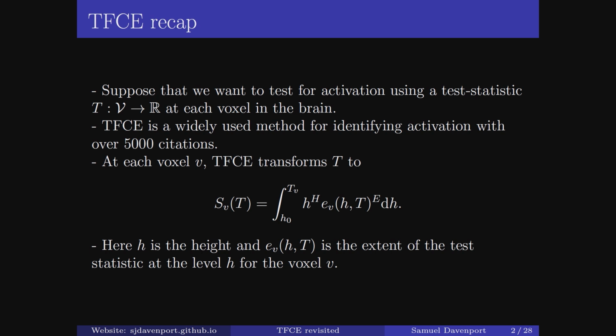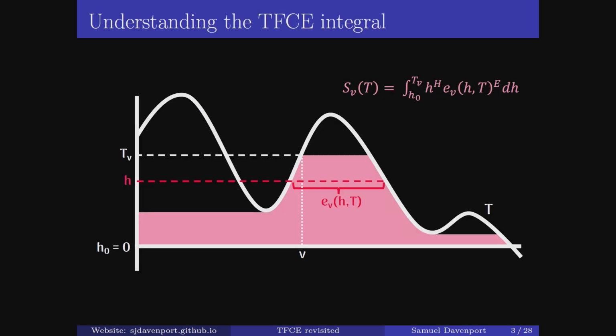And to understand this slightly better, it's easiest to look at a picture. So you can see from this picture that at a given voxel V, the transformation depends on basically this pink region and the extent in that peak region. And that means that at a voxel V, it basically borrows information from other parts of the brain, or in this case, just the 1D brain.